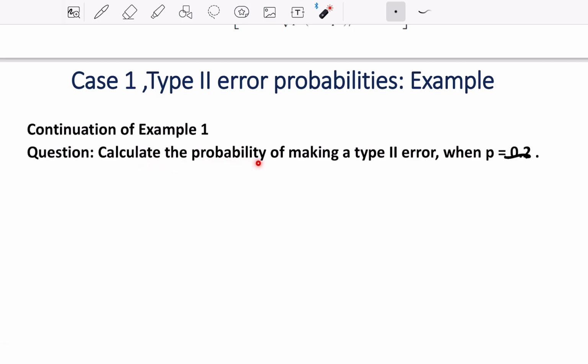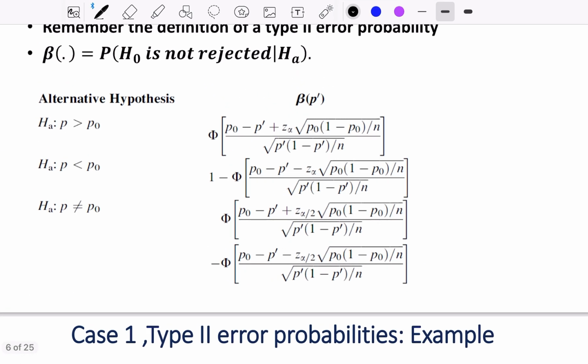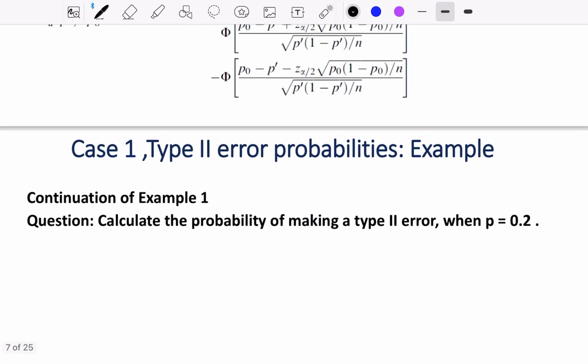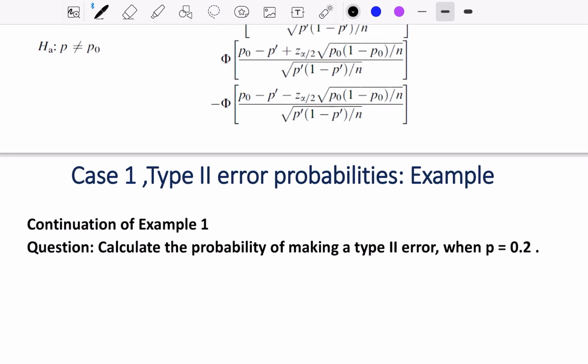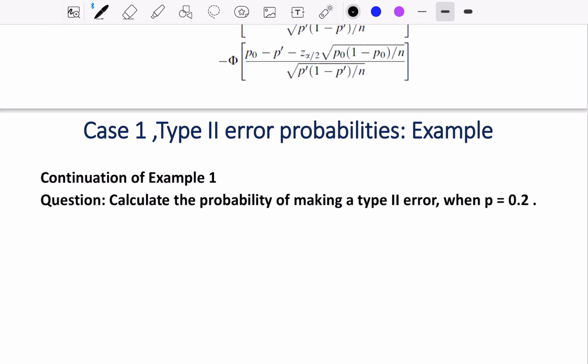So calculate the probability of making a type 2 error when p is actually equal to 0.2. Okay, so remember, there p prime indicates the value that is part of the alternative. In a way, it's greater than 0.1, in this case 0.2, and you know that 0.2 is definitely greater than 0.1. Okay, so you're going to calculate the type 2 error probability at that point. Okay, so this means that your p prime is equal to 0.2.